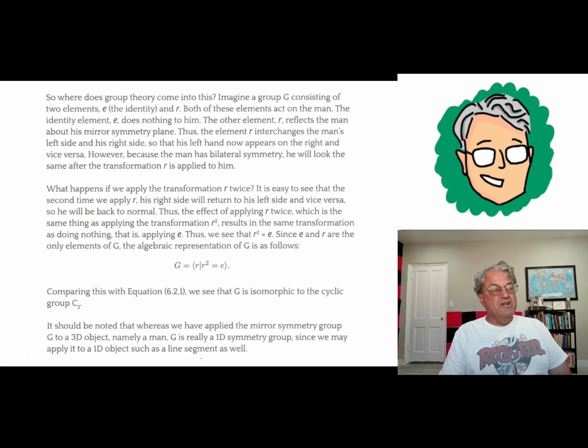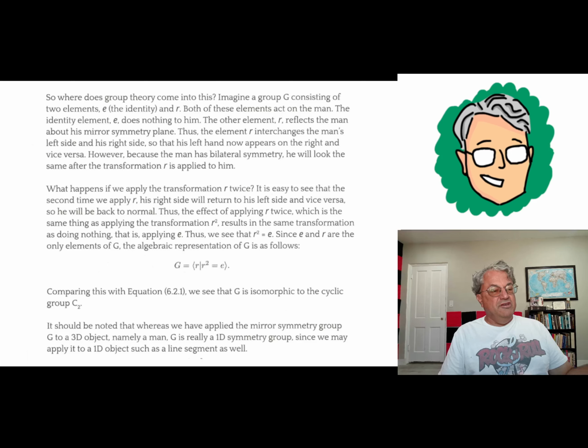Why is it a group? Well, you can check that it satisfies the four axioms. It has identity, obviously, the element that doesn't do anything. And the identity is always its own inverse. And this element R, it's pretty easy to see that it's its own inverse too, because if you apply R twice, think about the baseball mitt.